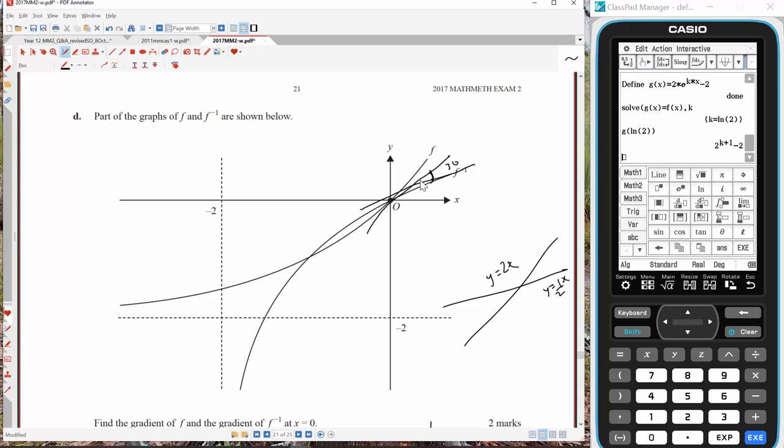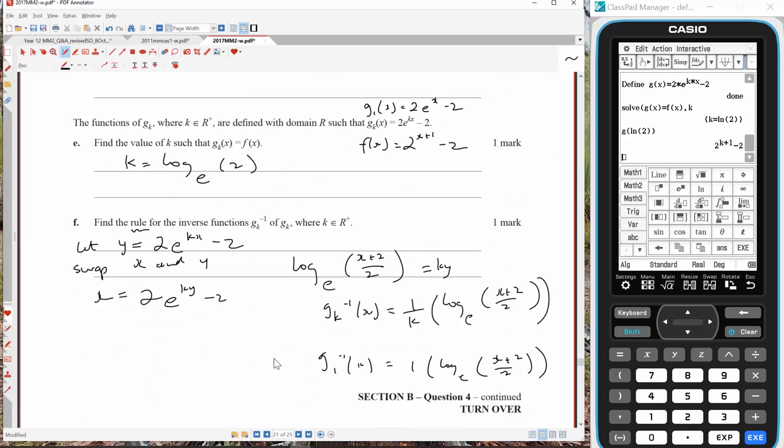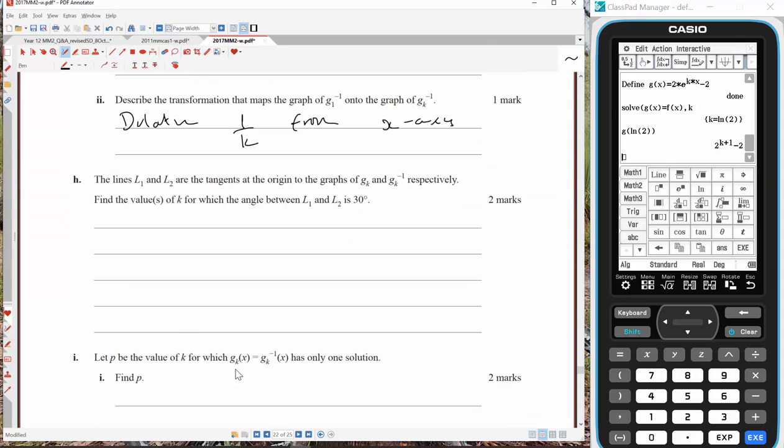Now what we can do is sketch this up to work out how we're going to do this. So we've got the exponential, we've got the log, and the tangents between them.